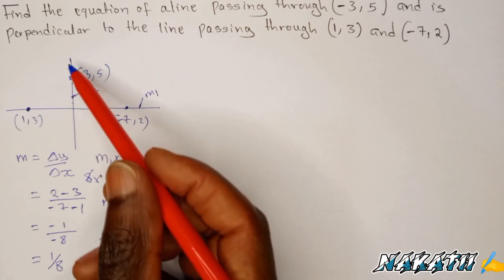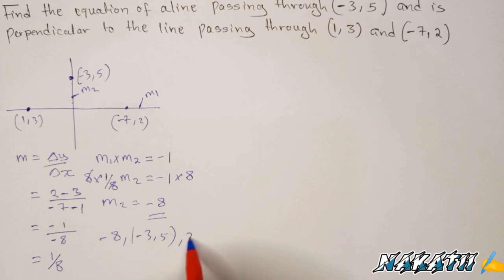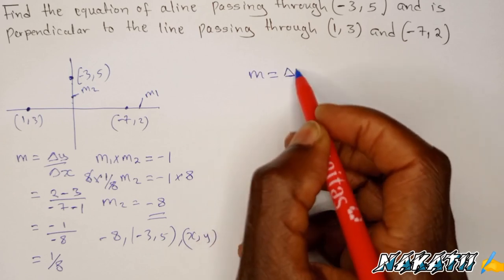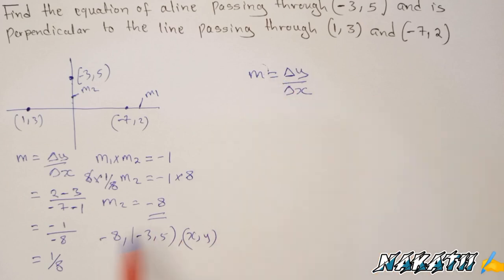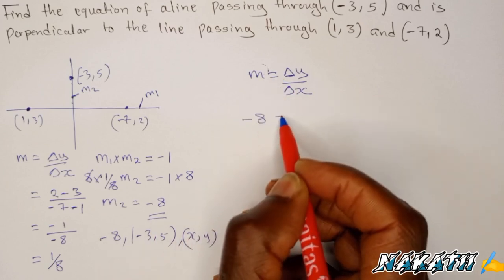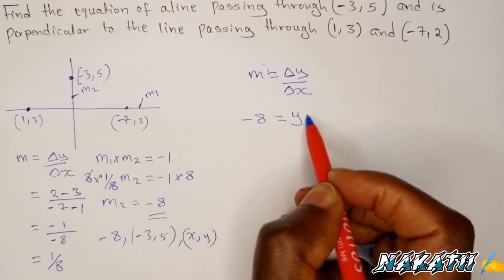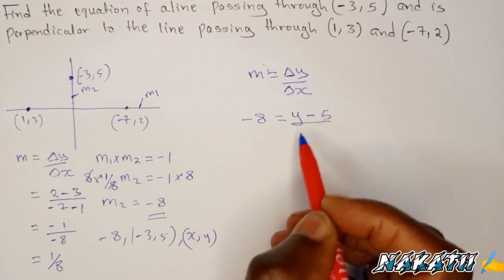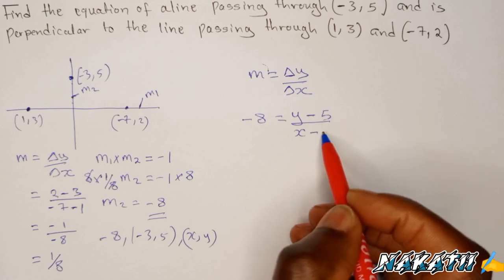We have a point that is passing through that line, which is negative 3, 5. Then we take an arbitrary point, x y. So we say now that gradient is change in y over change in x. So our gradient here, negative 8, is equal to y minus the y coordinate here, which is 5, divided by x minus the x coordinate here, which is negative 3.